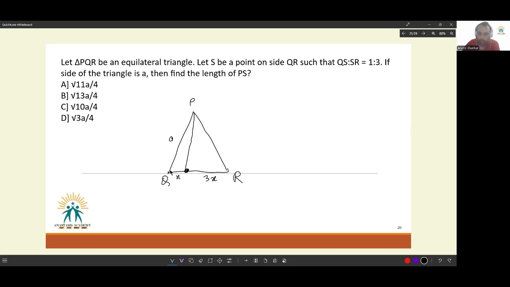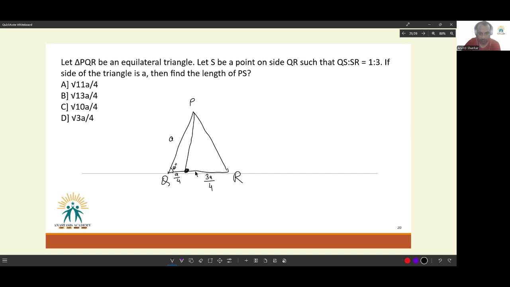Now we can go about doing it two ways. We know because it's an equilateral triangle, and I'm getting rid of this X and 3X, I'm calling it A by 4 and 3A by 4. One way is using the cosine rule that we already know.